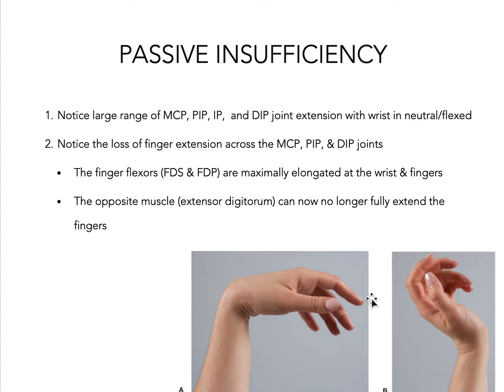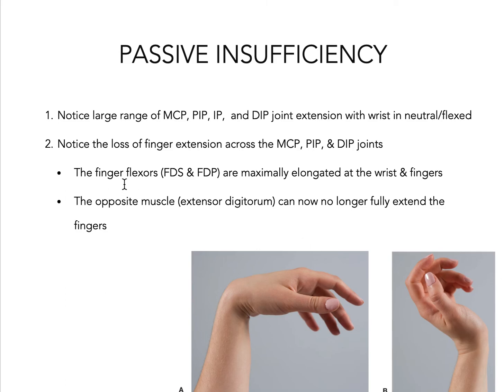Notice the loss of finger extension across the MCP, PIP, and DIP joints as we go into wrist extension. When the patient moves their wrist into wrist extension, and you can try it on your own wrist, you will notice right away that without active control, your fingers passively go into flexion. So MCP, PIP, and DIP joints all move into flexion.